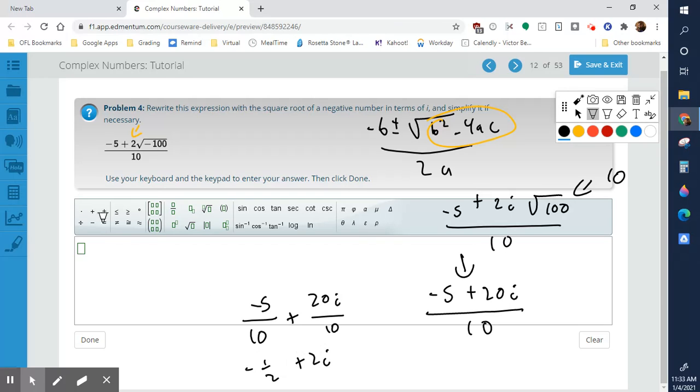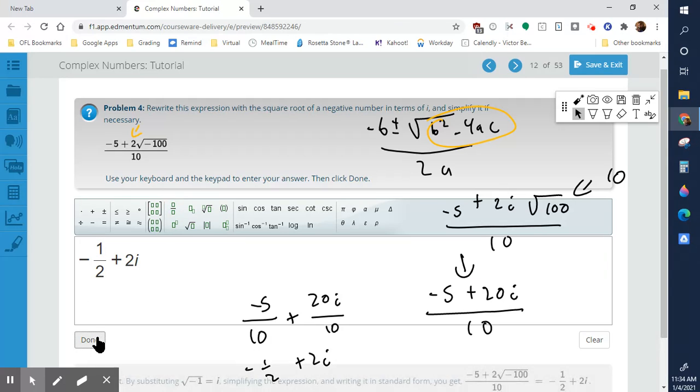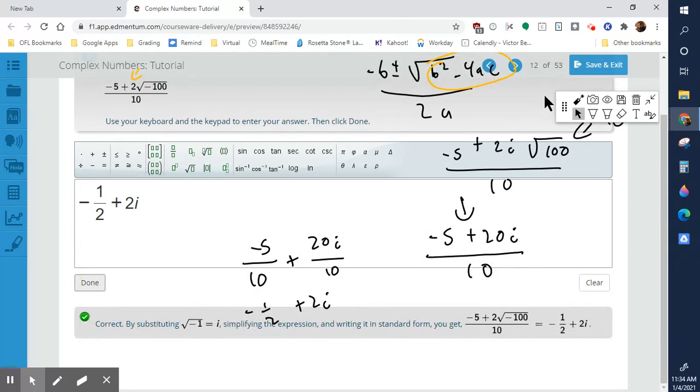We can do that pretty simply. Going back to my mouse mode right now, I'm going to do negative, hit this little fraction button. Where'd it go? There it is. 1 over 2 plus 2i. That's perfect. Nice and easy.